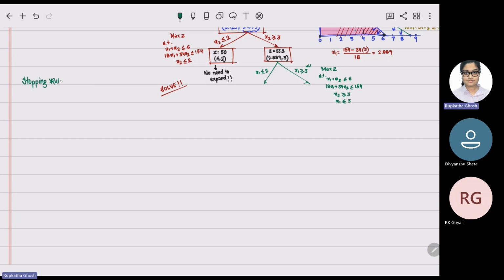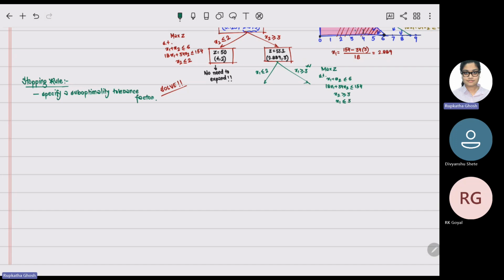So the stopping rule is that because branch and bound, as you rightly said, takes so long to provide an optimal solution, most of these ILP packages will allow you to specify a suboptimality tolerance factor.